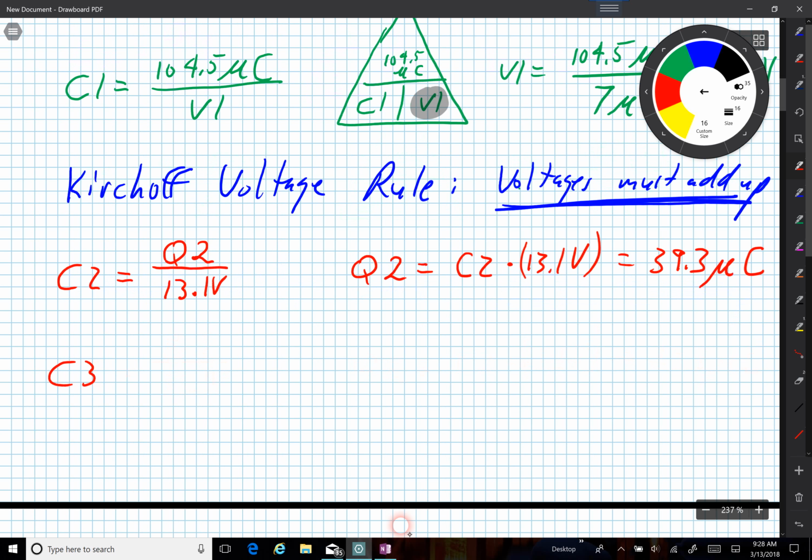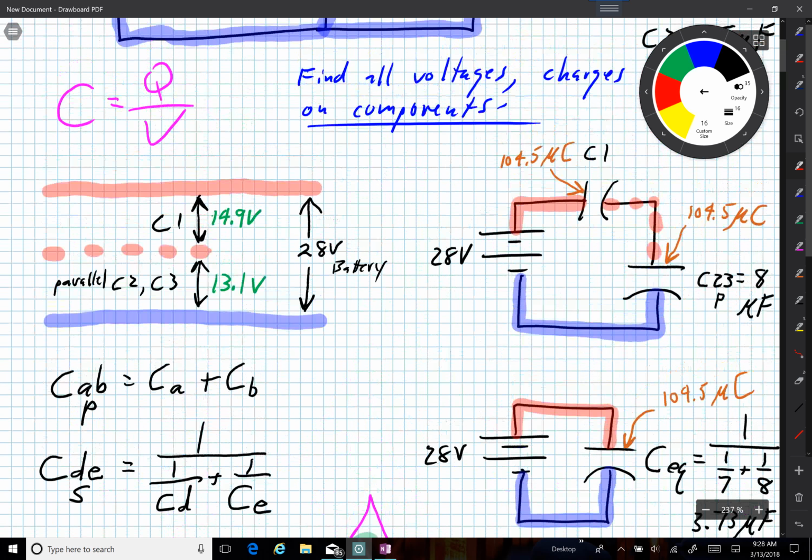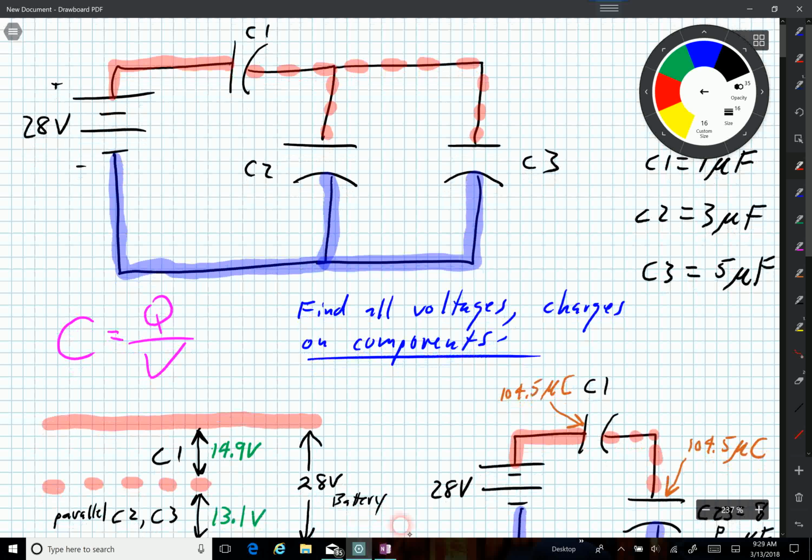By the same token, I can say C3 is Q3 over 13.1 volts, or Q3 is C3 times 13.1 volts. C3 was 5, I believe. Yes. Okay. So C3 is 5 microfarads.